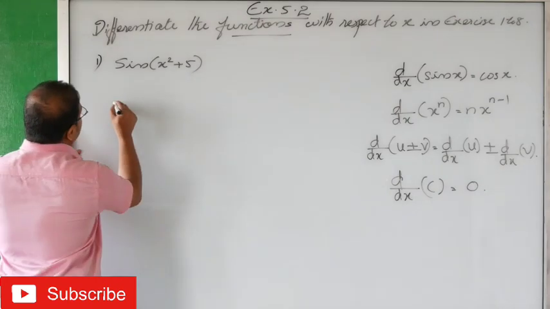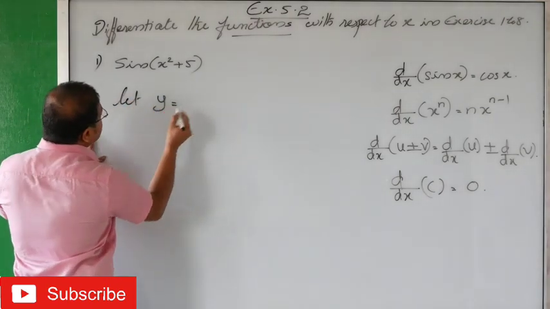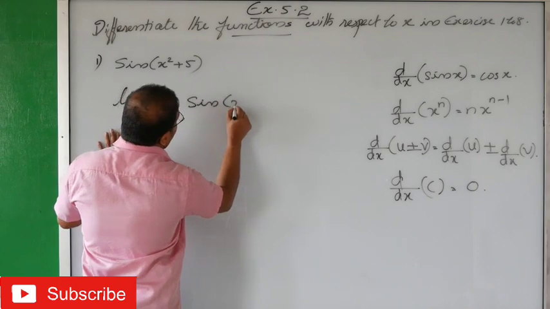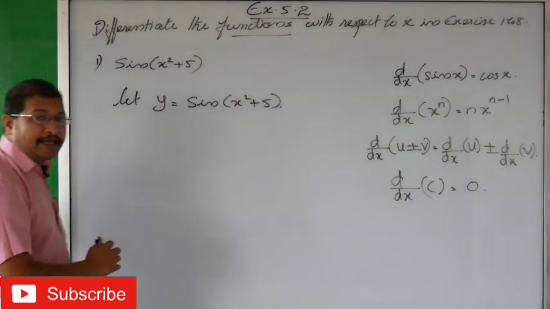So what you'll do? First you'll write let y equals sin of x square plus 5.